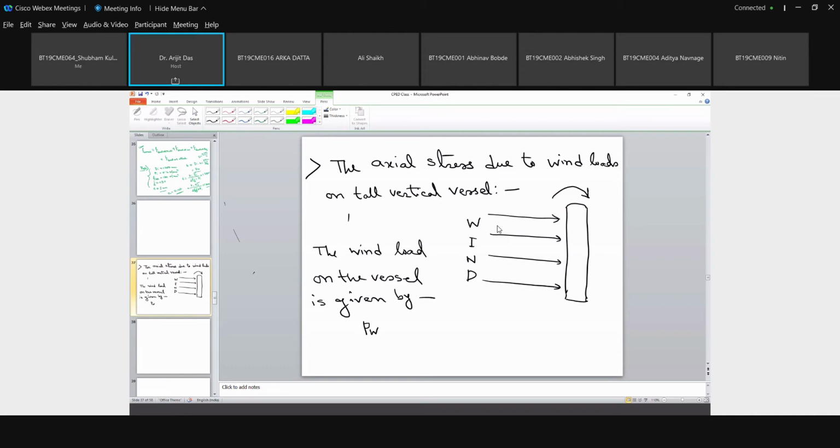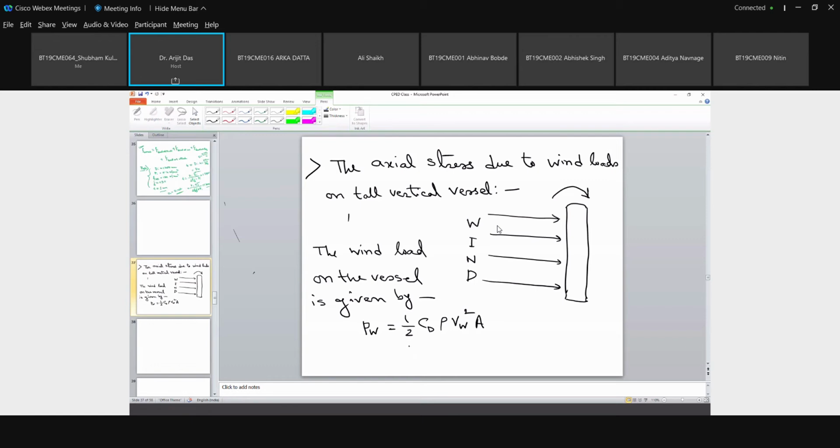Here we will not deduce the equation, we will use it only for our design purpose. If it is important or needed to establish the equation, then only we could derive it. So PW equals half of CD into rho VW square into A.